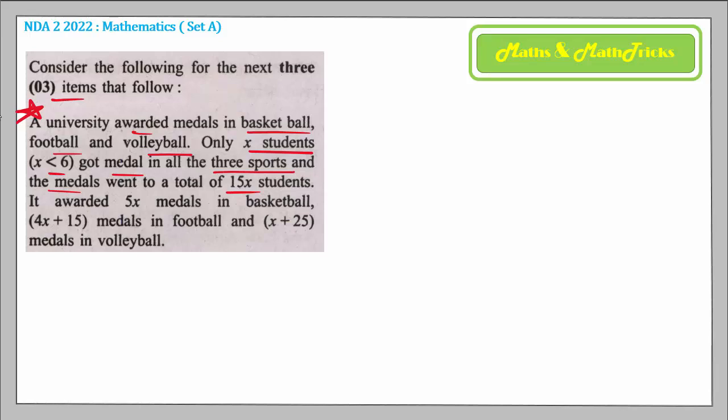The university awarded the medals for 3 sports, the total medals they awarded altogether are 15x, and they actually awarded 5x medals to basketball, 4x plus 15 medals to football and x plus 25 medals to volleyball players.